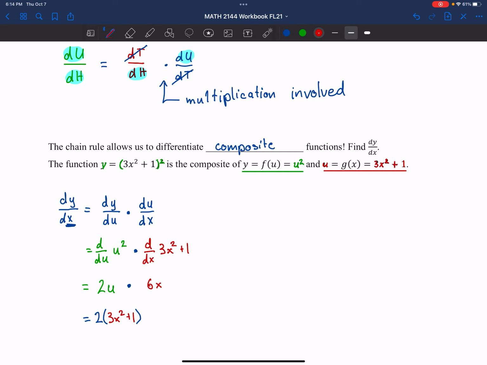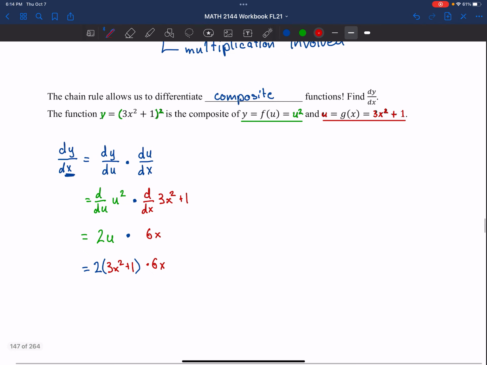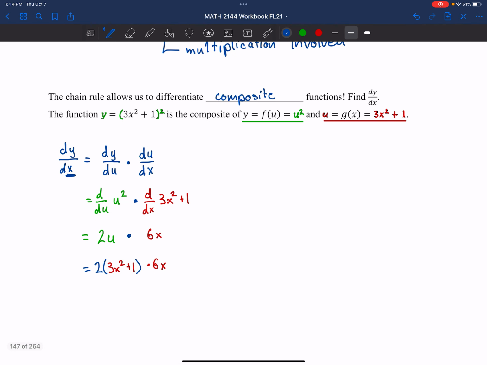And then we're still going to multiply this by 6x. So we have a little bit of cleaning up to do right here. So if I were to go ahead and multiply the numbers outside, that's going to be 12x times 3x squared plus 1. So we ultimately end up with 36x cubed plus 12x.